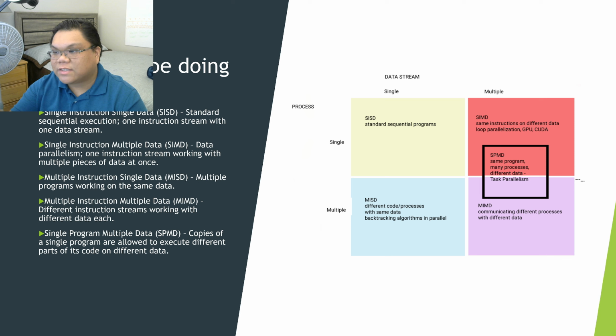Multiple instructions, single data, multiple programs working on the same data. So imagine if you had to do data analysis on one big data set and you're doing all sorts of calculations on the same data set. Say you had to find the standard deviation, but you also want to find the mean, the median, the average.